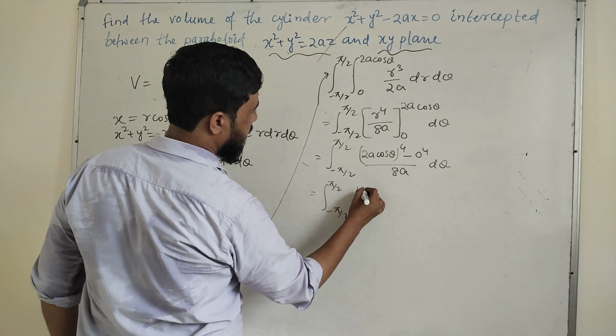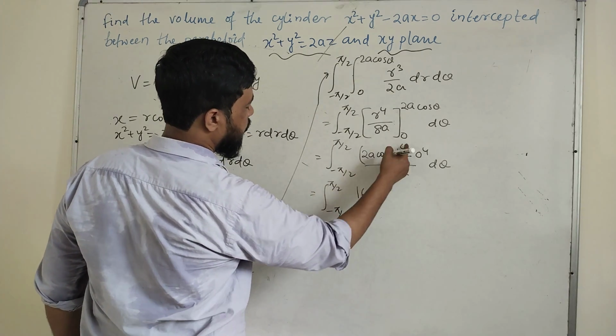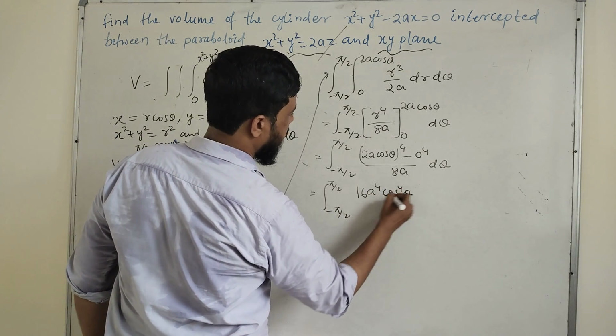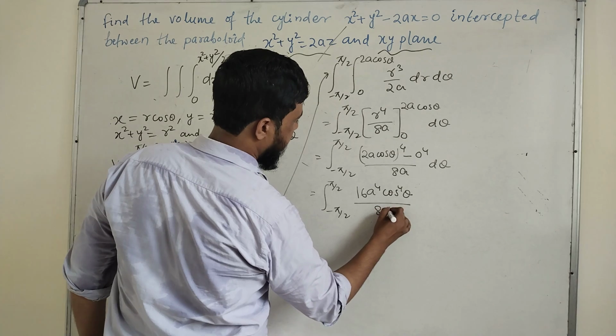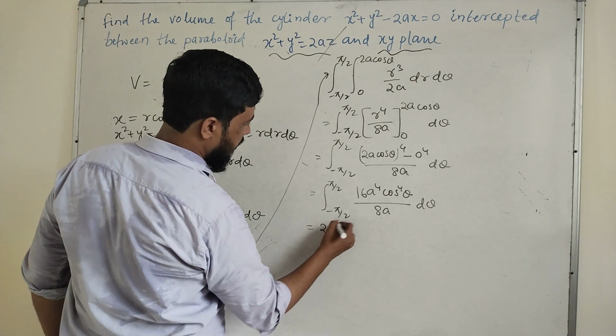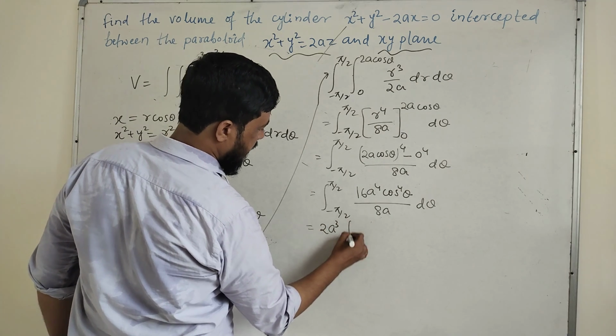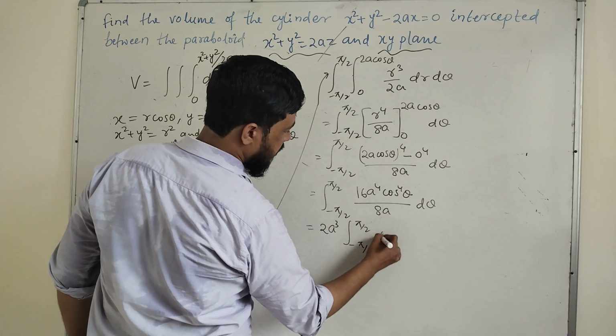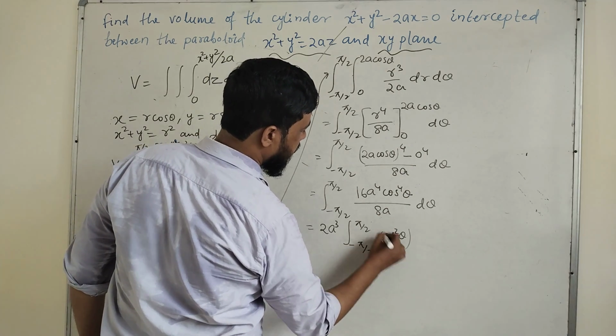This is 16a to the power 4, since 2 to the power 4 is 16, a to the power 4 cos to the power 4 theta divided by 8a d theta. So 16 by 8 is 2, giving 2a cube, and cos to the power 4 theta is cos square theta whole square d theta.